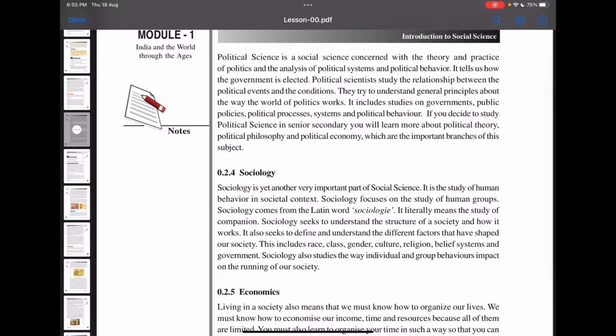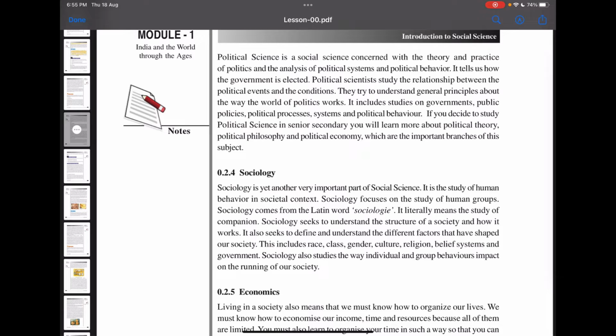Political science is a social science concerned with the theory and practice of politics and the analysis of political systems and political behavior. It tells us how the government is elected. Political scientists study the relationship between the political events and the conditions. They try to understand general principles about the way the world of politics works.